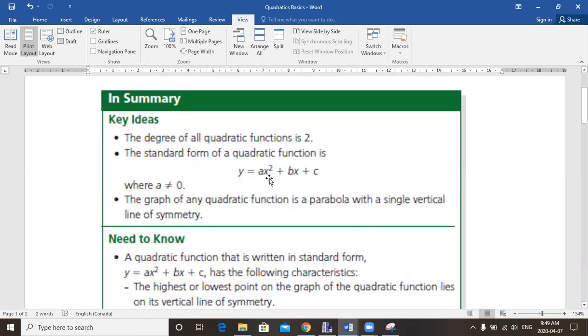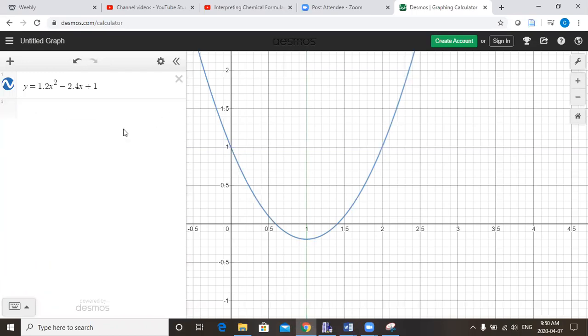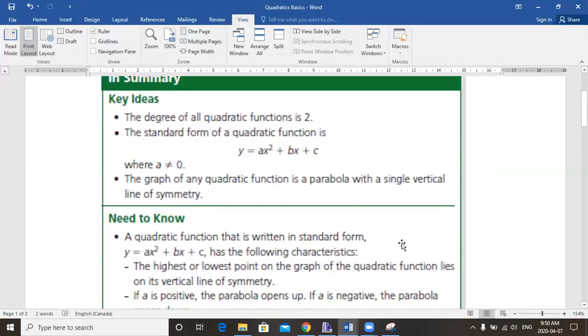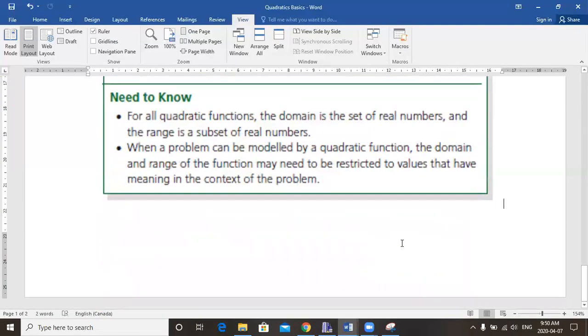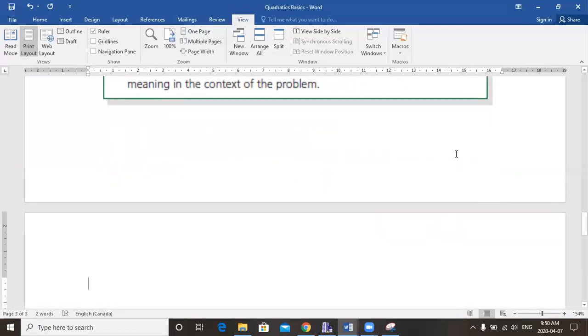All right, note that that's the standard form, and be comfortable with plugging these into Desmos and getting the information. So I'm going to go through a practice example here, just for getting the information from a graph.